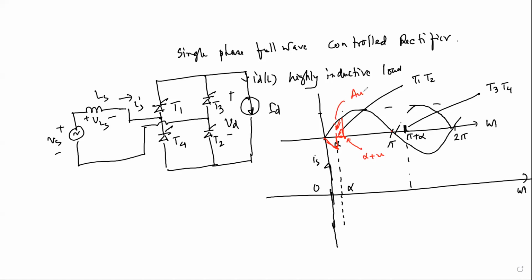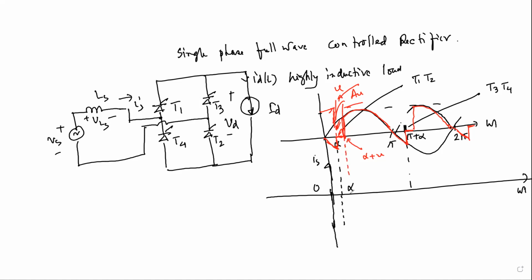You have already calculated it, and the output voltage will follow like this. And then there will be another commutation here. Commutation is nothing but the shifting of the current from one set of thyristors to another set of thyristors, right? So the span of this angle is equal to u. That is your commutation.